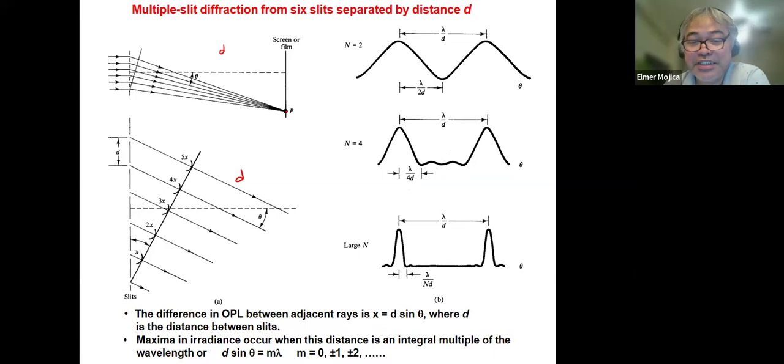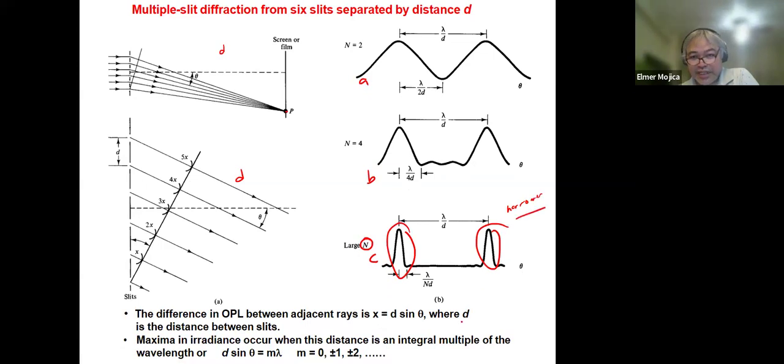So which one do you prefer here? This one, or this one? Well, it depends on the data that you're looking for. But as you can see, as n decreases, the signal that you get becomes narrower.